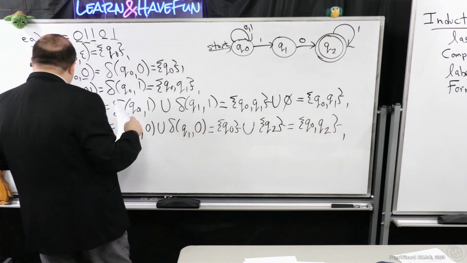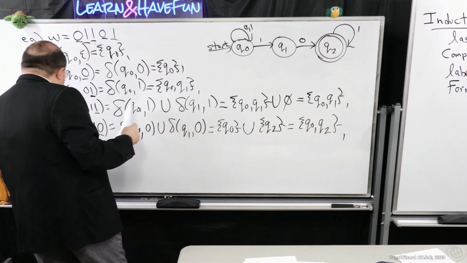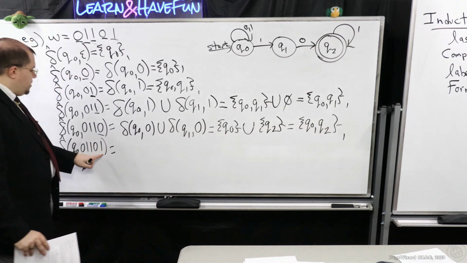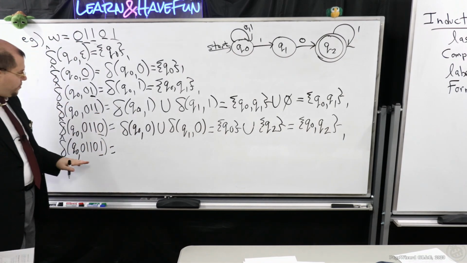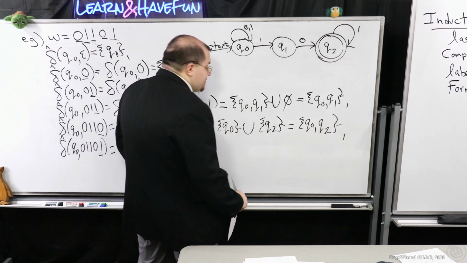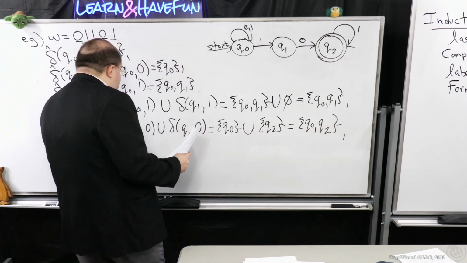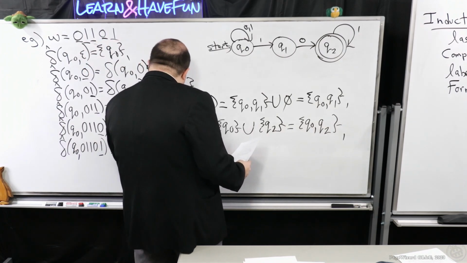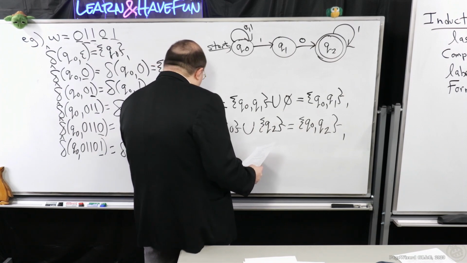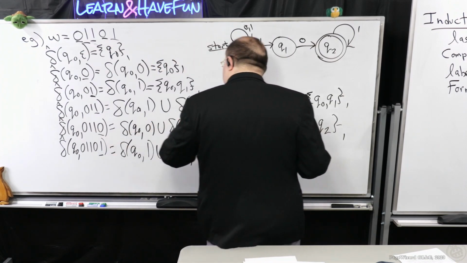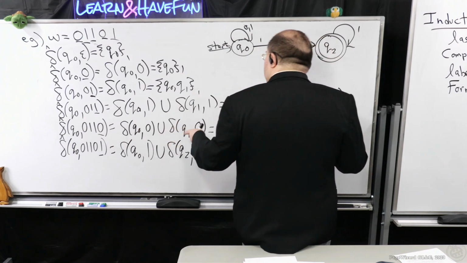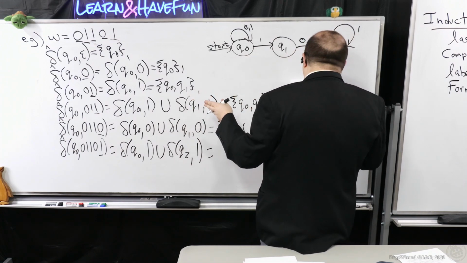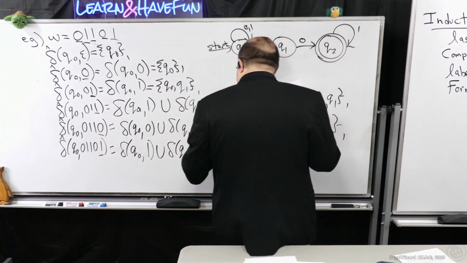Let's read the last symbol: 0, 1, 1, 0, 1. Now, over that set of states, I'm going to read 1. So q0 on 1, and whatever the result of the transition function is for q2 on reading 1. We lump them together. Remember, it's a set of states, so if we have duplicates, we just discard them. It's a set, not a multiset.